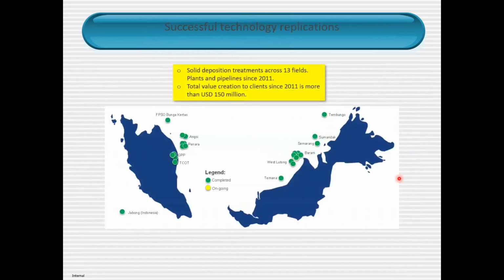And basically these are the successful technology replications all over Petronas, not only Petronas, in Shell and Exxon as well. These are all the wells that have been applied so far, and some of them are ongoing, and we are already going into Indonesia.